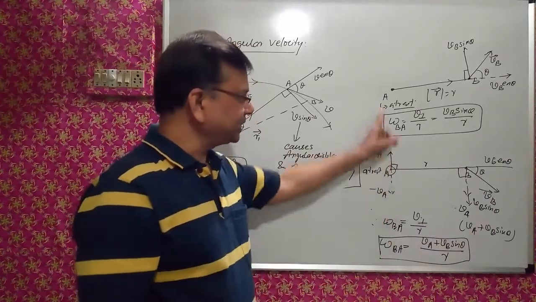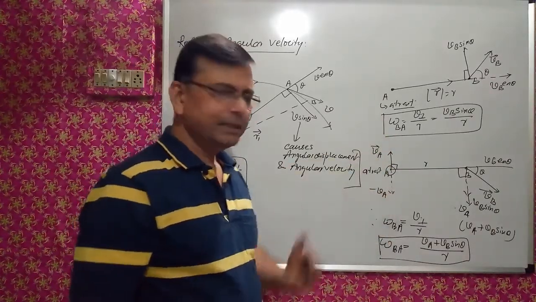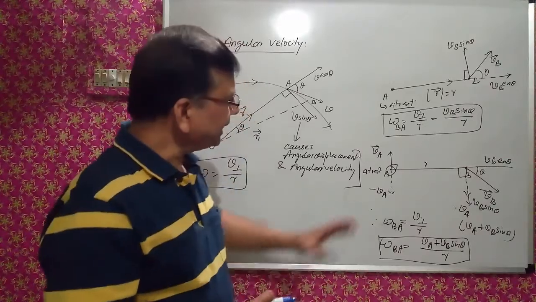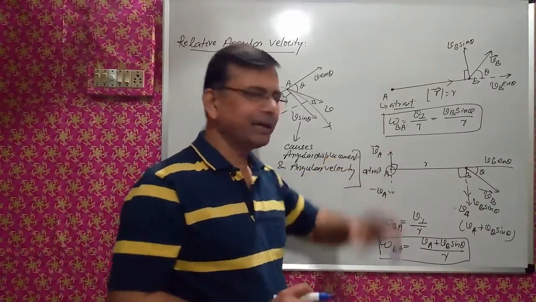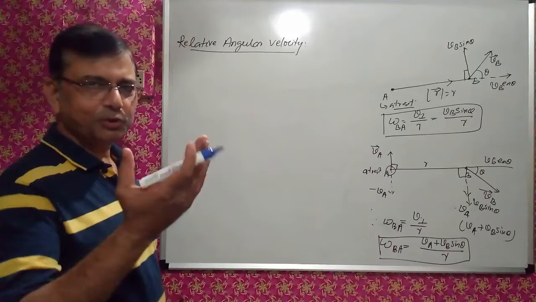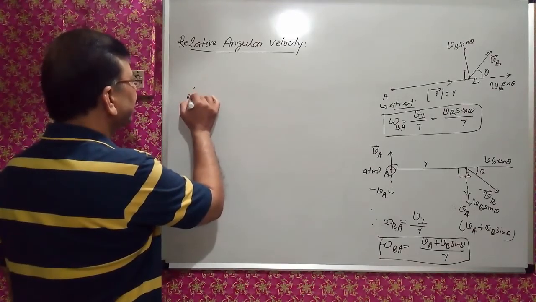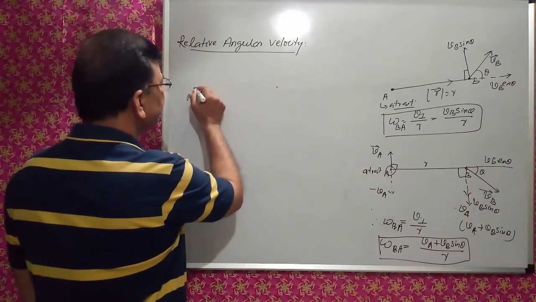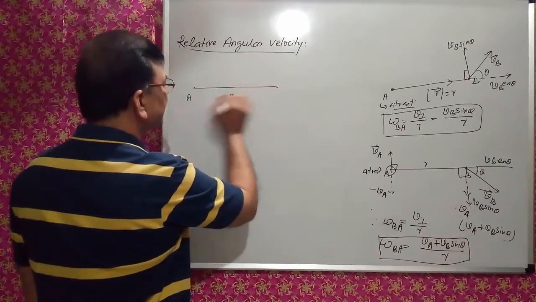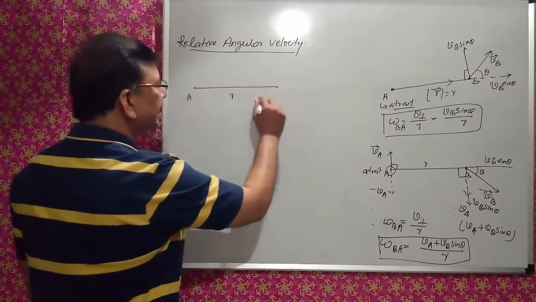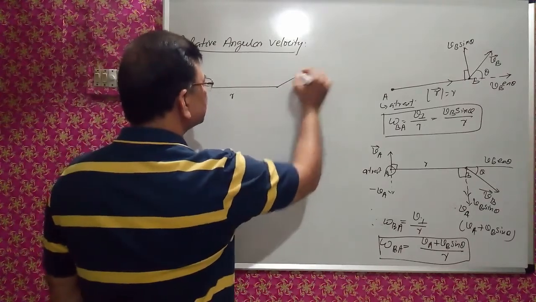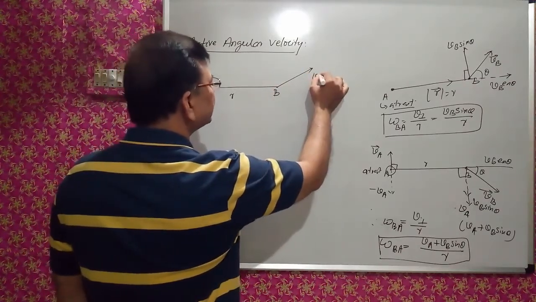Perpendicular, direction is perpendicular. Second case I will take when it is not perpendicular, making some angle with R. अगली possibility क्या हो सकती है? Suppose this is A, this is B, this is R. Its direction is, suppose in this direction, this is B, that is VB.